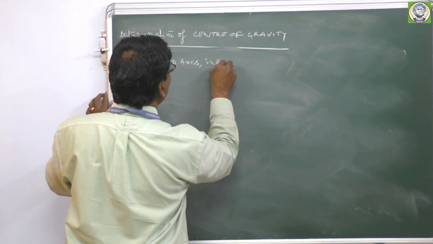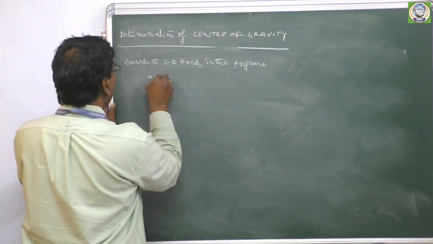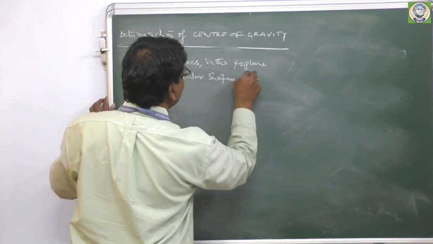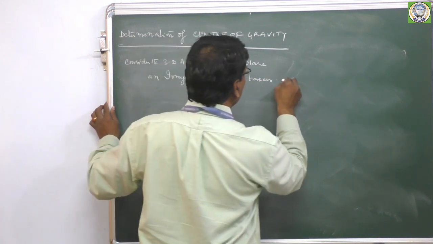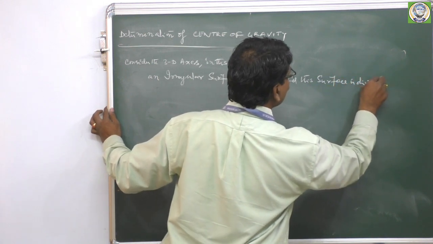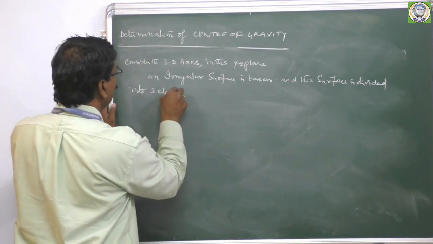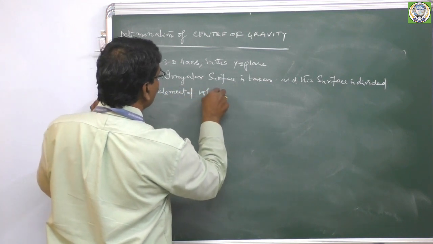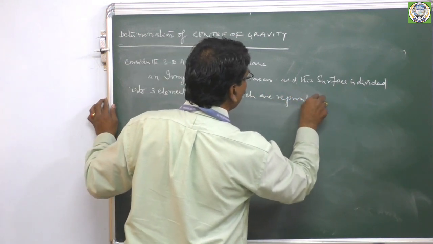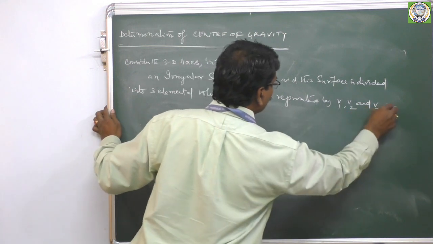In this yz plane, an irregular surface is taken, and this surface is divided into three elemental volumes which are represented by V1, V2 and V3 respectively.